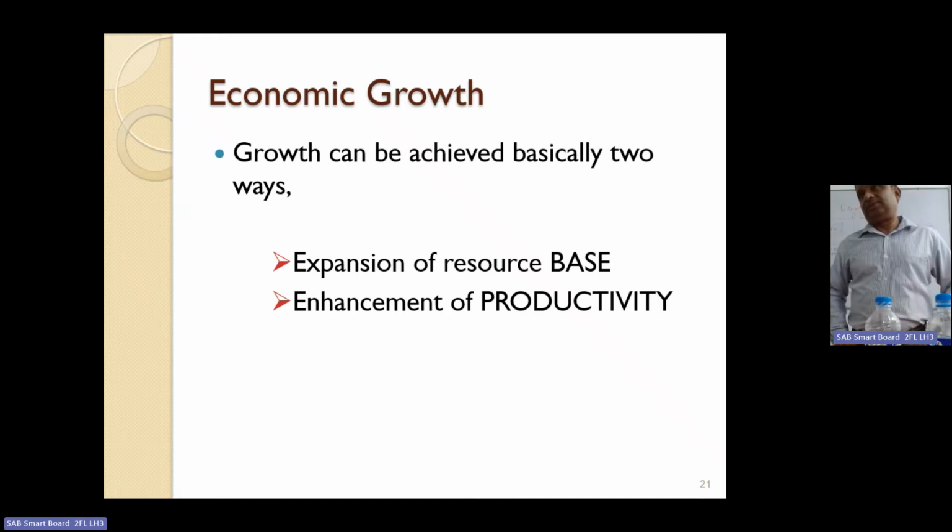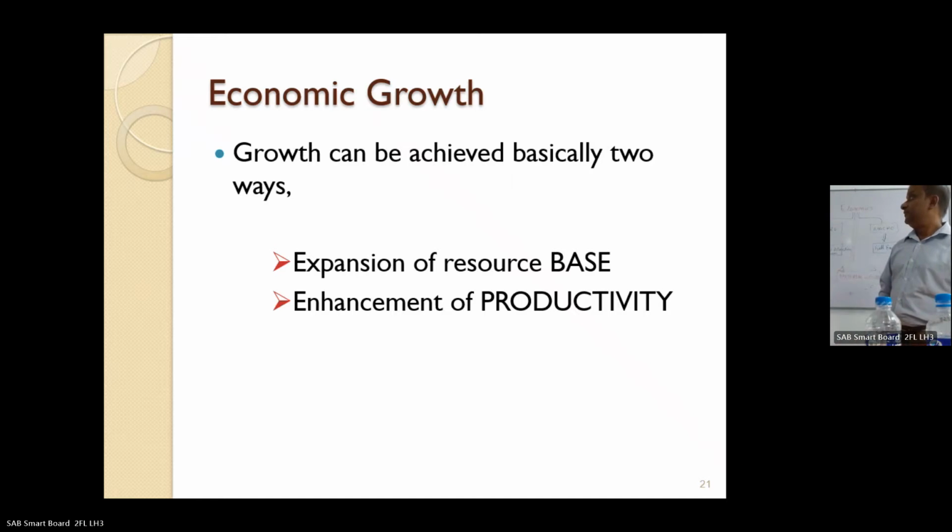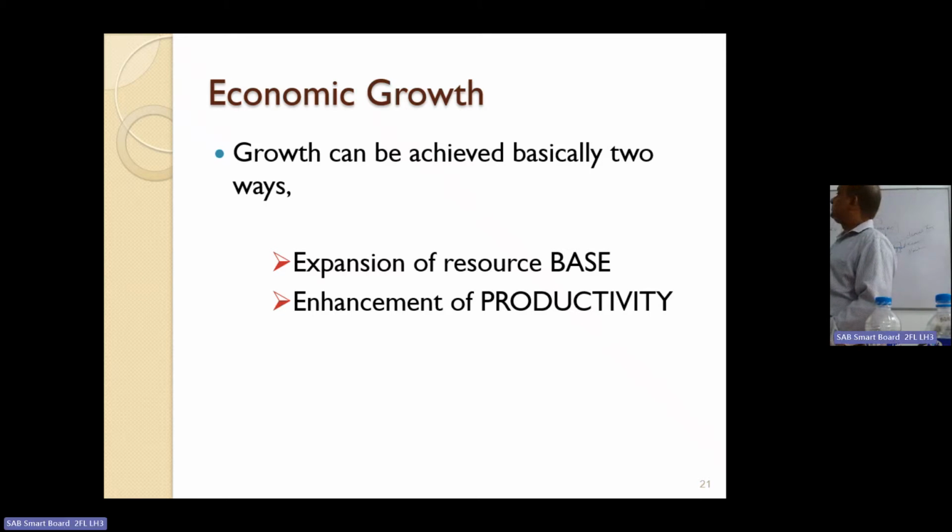We can do research and development, R&D, to find new resources and so on. And we can use foreign investments.